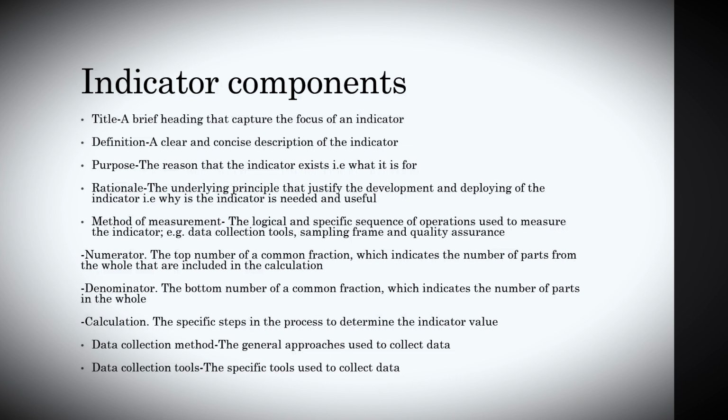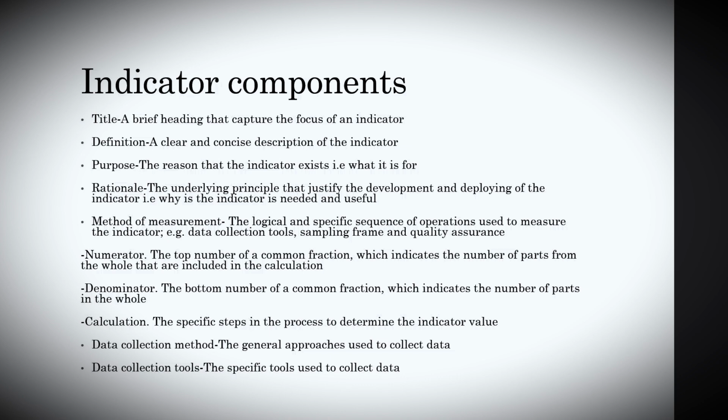An indicator must have a purpose, the reason why that indicator exists and what it is used for. Rationale: there must be an underlying principle that justifies the development and deployment of an indicator. Rationale basically means why the indicator is needed and its usefulness.